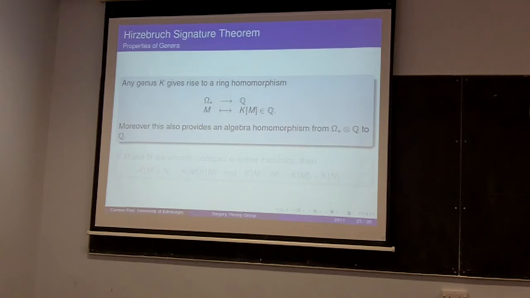So we have that map, and this induces an algebra homomorphism from this tensor product to Q. That's very important. And also very important are these relationships that, as we'll see in a while, are very similar to some properties of the signature.